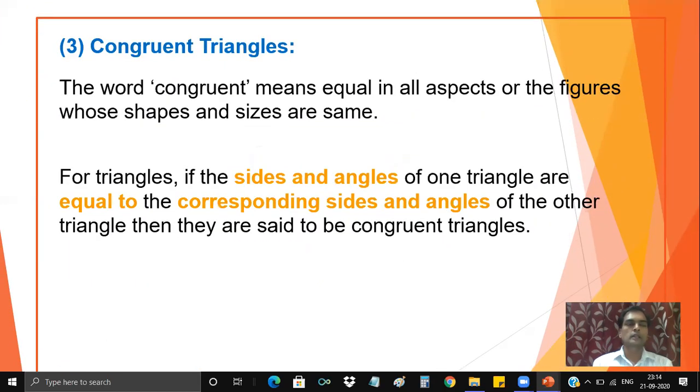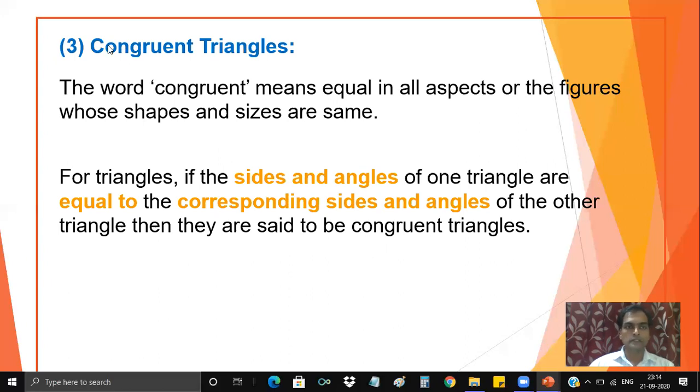Let's move ahead. Now, the third important concept is congruent triangles. The word congruent means equal in all aspects, or the figures whose shape and size are the same. We have already seen that congruent figures means shape should be the same and size should be the same.